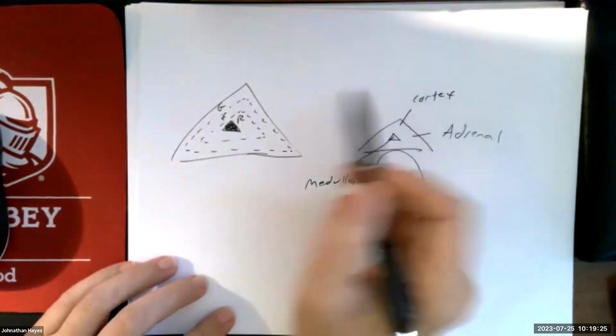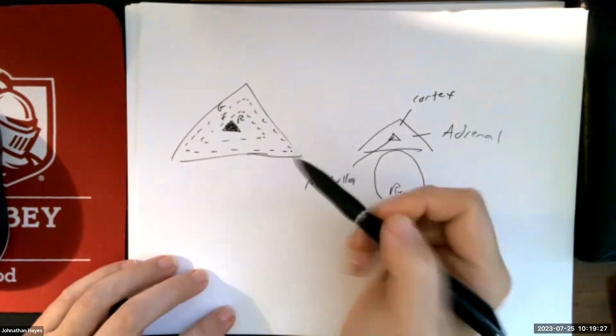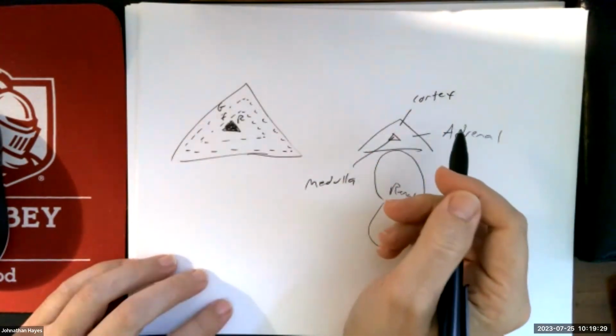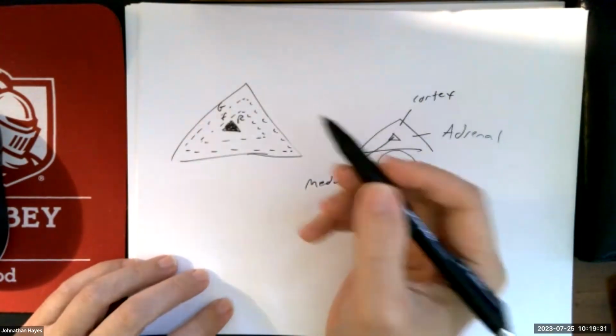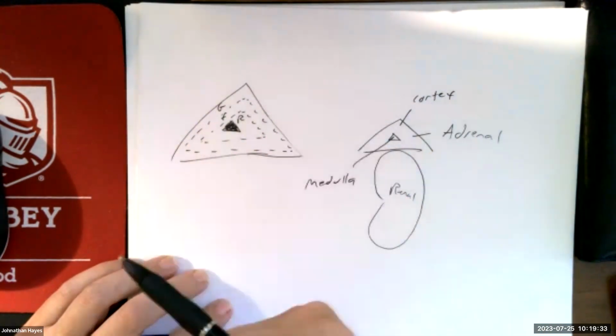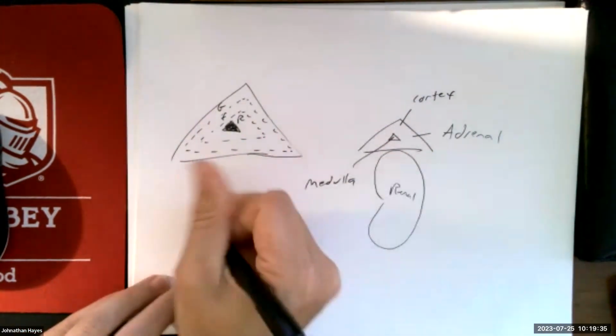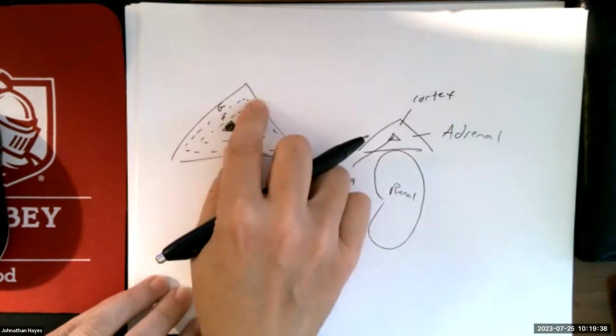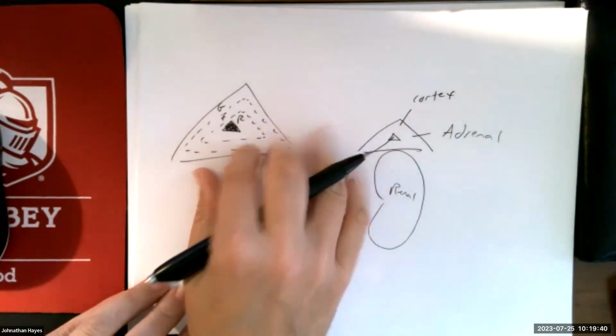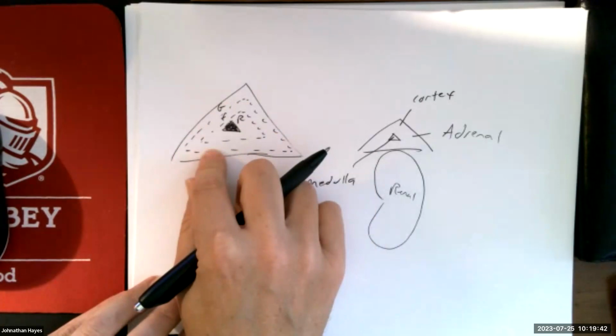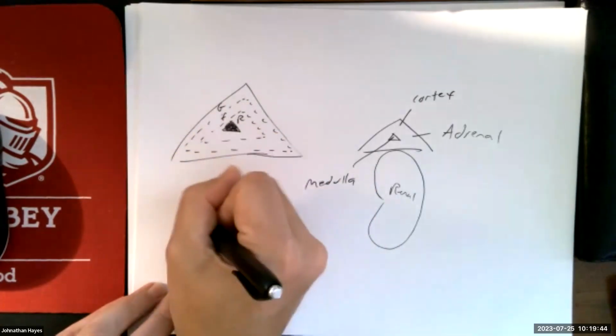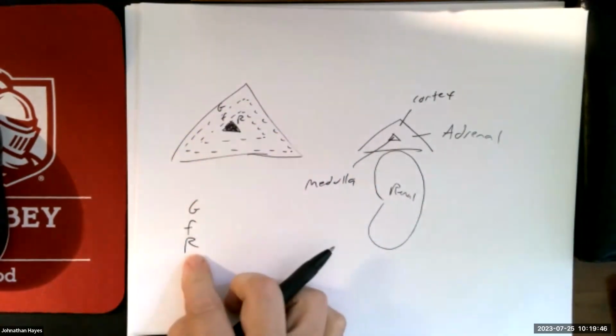I'm not too terribly concerned that you memorize this again, but again, if it pops up on a board, there you go. So the mnemonic I was taught when I was in school, to remember what hormones are coming from the adrenal cortex, which part of the adrenal cortex is producing them. We used GFR, which, funny enough, we're talking about the urinary system now, right?